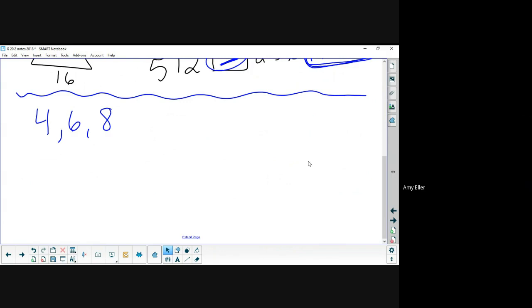Here's how we do it for sure and without these straw visuals. We take the smaller two, 4 squared plus 6 squared. We're going to compare that to 8 squared, the largest. What was our guess? Obtuse. All right, let's see if that's right.